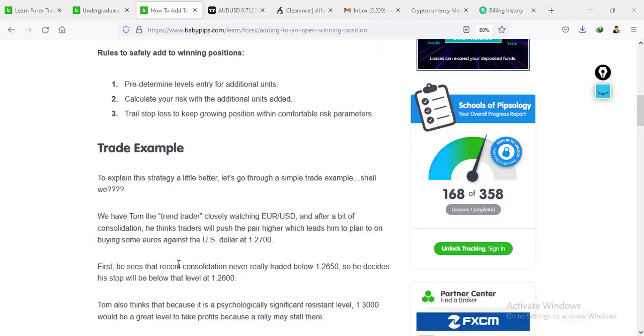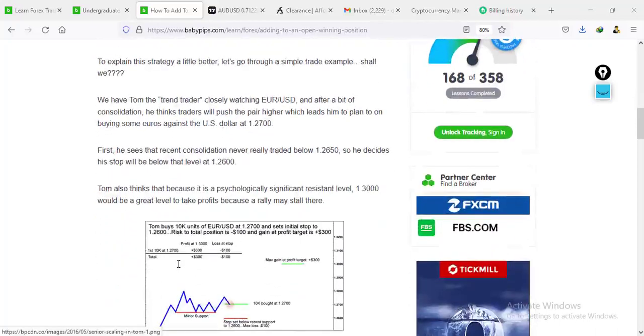So he decides to place his stop below that level at 1.2600. So Tom thinks that price will continue to go higher because there's a psychological resistance level of 1.3 thousand, right? So he's targeting his resistance level at 1.3 thousand, and that's where his maximum take profit is going to be.